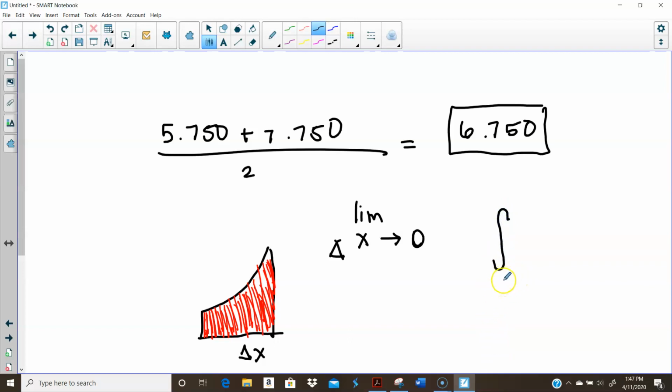If I'm looking at a sub-area between 0 and 2, we'll write 0 and 2. And then we are going to write the area of those rectangles. So I've got x squared plus 2, that's how I found the length of the rectangle. I'm going to multiply that by delta x, which is the width of that rectangle.